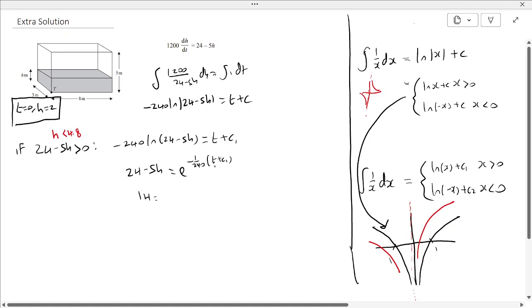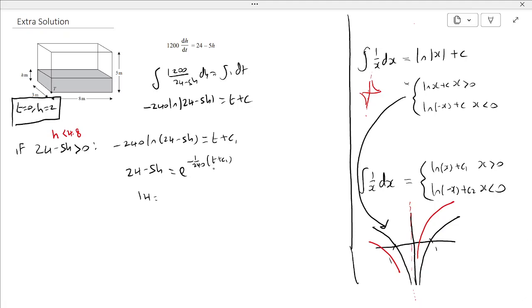And then, well, when t is 0, this just becomes e to the negative c1 over 240. Oh, what we did actually, sorry, we just got rid of that.